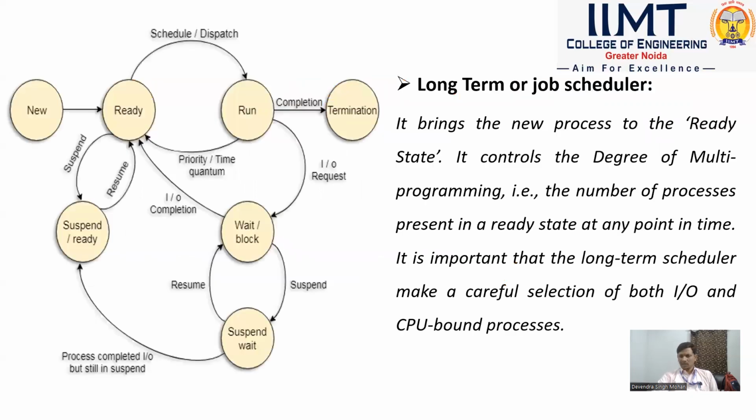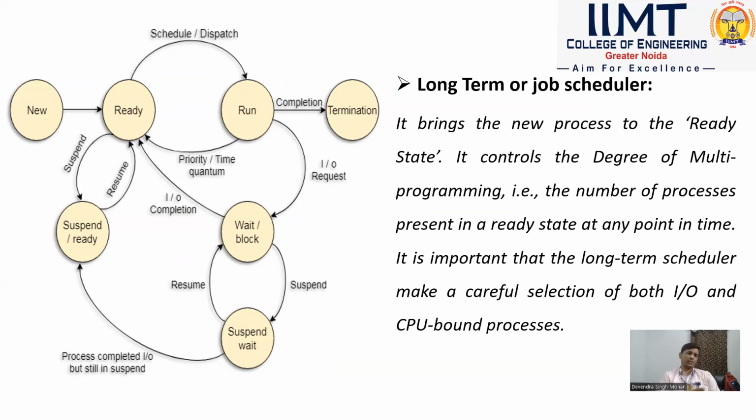Okay, as we see, this is a transition diagram in which a process is available inside the new state. The long-term or job scheduler brings the process from the new state to the ready state.